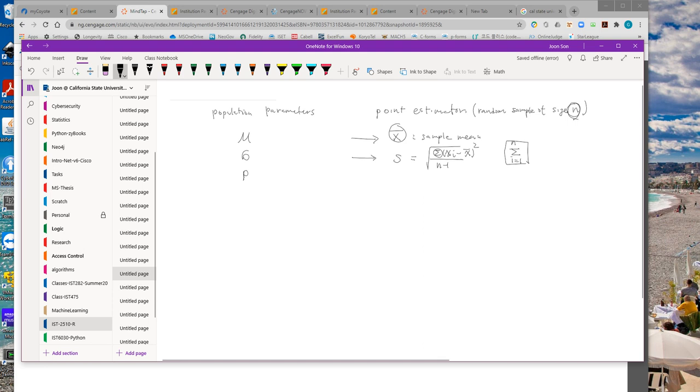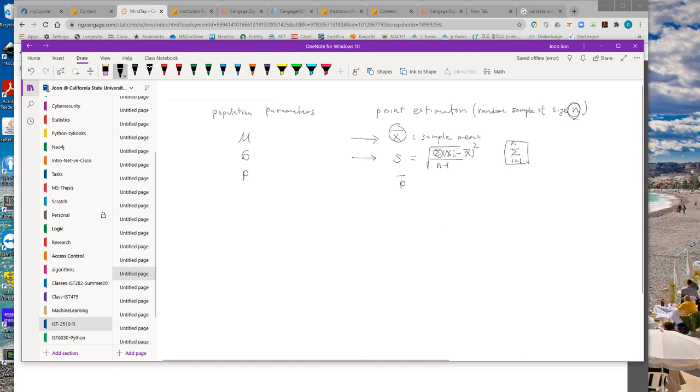And then p bar is the corresponding notation for the point estimator of the proportion. So we can get this x bar, s, and p bar from a random sample of size n.